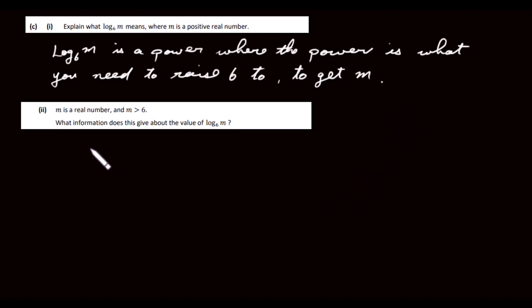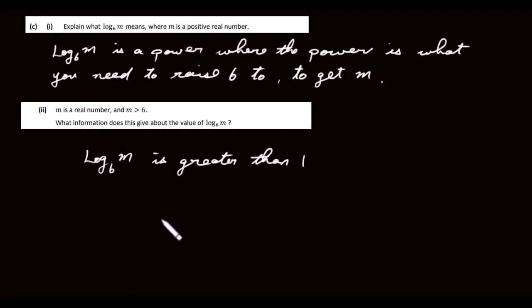So let's see what part 2 asks us to do. We've got m is a real number and m is bigger than 6. What information does this give you about the value of log m to the base 6? So if m is bigger than 6, that means log m to the base 6 is greater than 1. Why? Because remember, this is a power. This is what we need to raise 6 to, to get m.